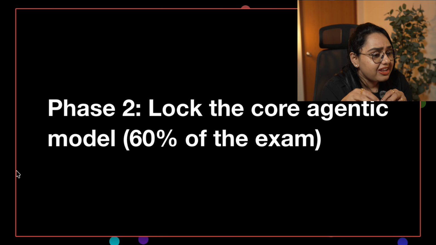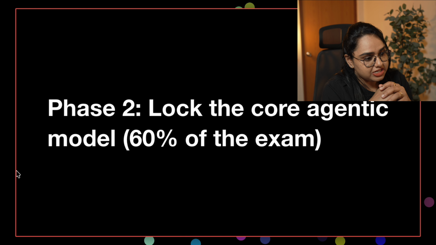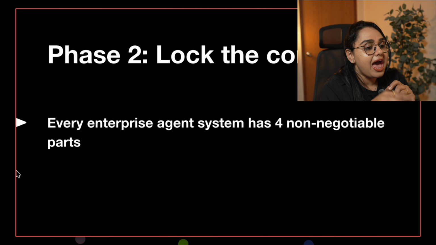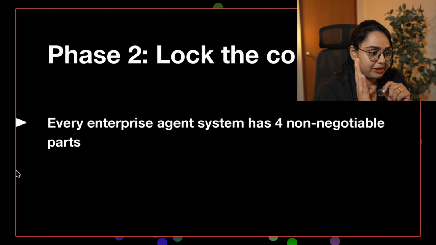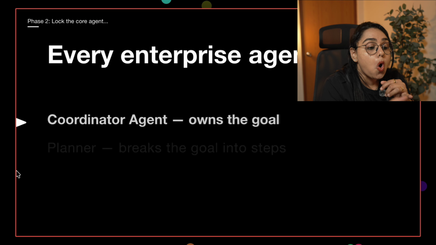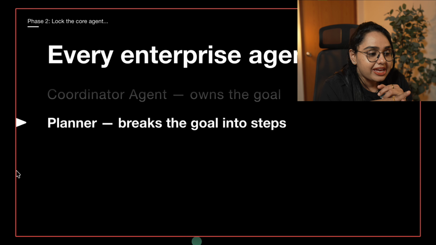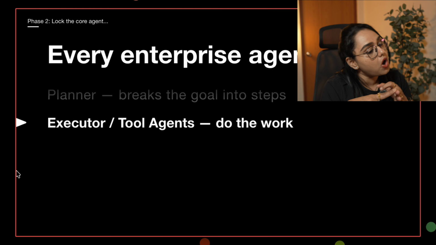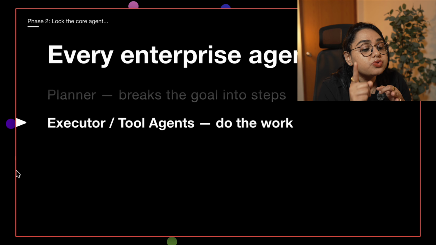Before touching any resources, lock this mental model. That is, every enterprise agent system has 4 non negotiable parts. The first is the coordinator agent, that is, owns the goal. The second is the planner, which breaks the goal into steps. The third is the executor or the tool agents, that is, to do the work.